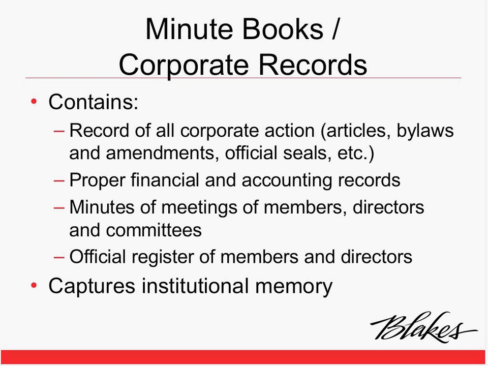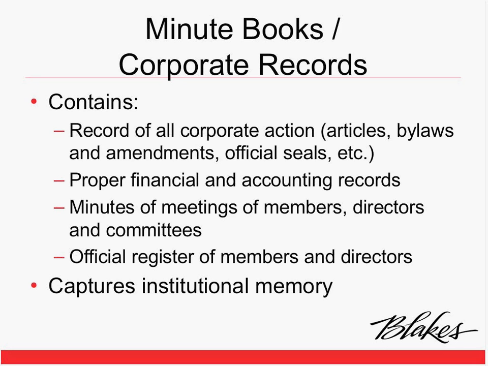Final note, it's important to keep and maintain minute books and corporate records. They do not need to be particularly fancy, and in many cases are simply 3-ring binders containing all of the documents. But they are necessary as they provide a record of all corporate action and help to keep track of documents such as the articles and bylaws and any amendments to them, the meeting minutes and materials for annual general meetings, the lists of directors and officers, the approved financial statements, and so on.